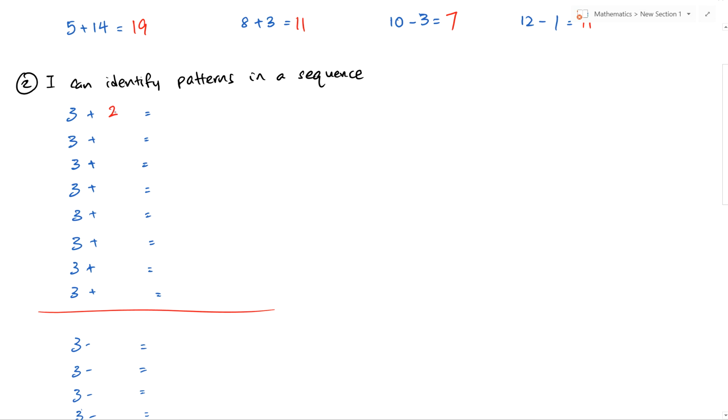So let's add a 2, followed by a 1, followed by a 0. So we can see that the red numbers are decreasing by 1 as we move on. The next number that comes after 0 will be negative 1. So 2, 1, 0, negative 1, followed by negative 2, negative 3, negative 4, and negative 5.